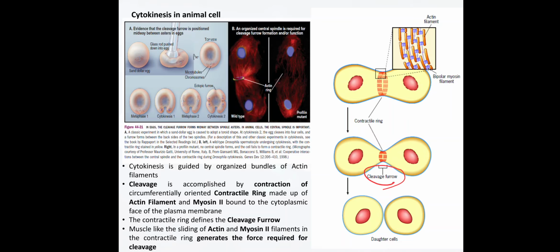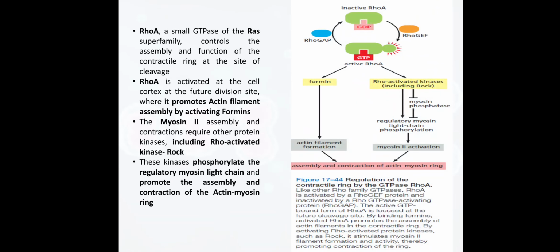Like in muscle, the sliding of actin and myosin 2 filaments in the contractile ring generates the force required for cleavage. Here you can see actin filament and bipolar myosin filament, which contribute to contraction of the contractile ring. See here, RhoA. How does this help in assembly? RhoA is in the GDP state, which is inactive.